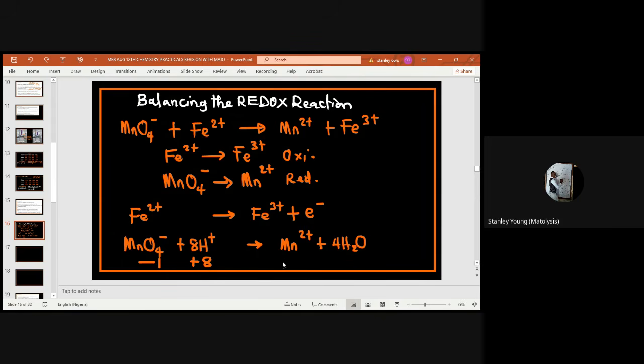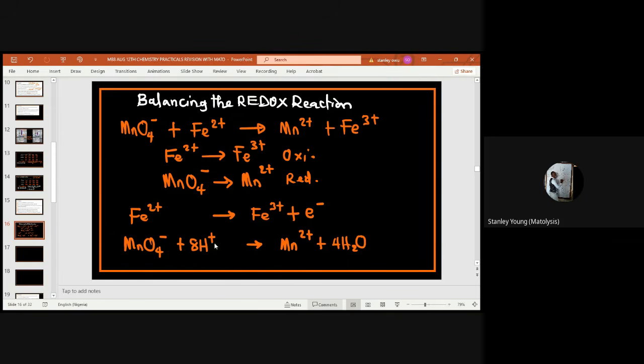And here we have a +2, and here we have 0. When you add those two together, that gives you a +2. So now we have a +7 competing with a +2. There is a difference of 5 between +7 and +2. So that gives you the idea of the number of electrons you need to add to the system to balance the charge.